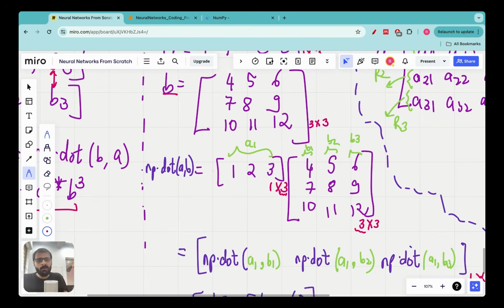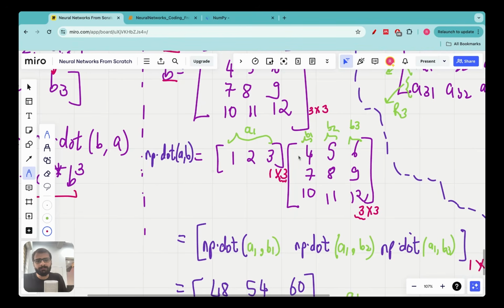The way this works in words is that the first row, or in this case, since it's only a vector, the row will be multiplied with the columns of the matrix. So remember first of all that the output will have dimensions of 1 by 3.